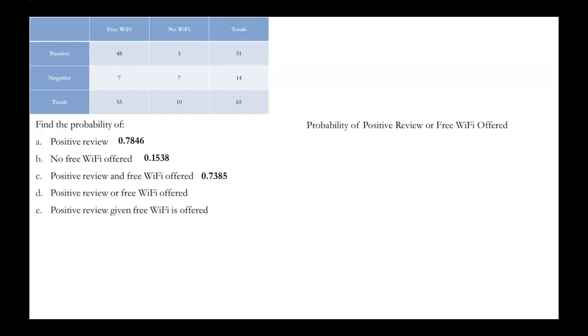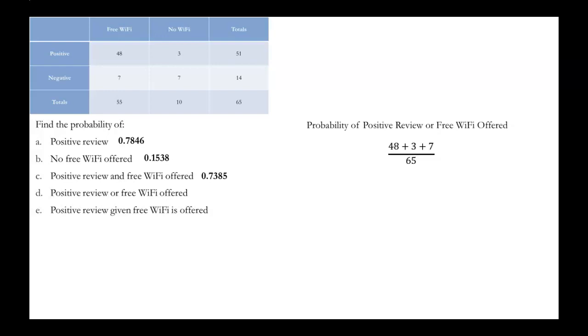What about the probability of a positive review or free Wi-Fi being offered? So we need to think about all of the options here, right? So we just take a look at the positive review. For positive reviews, there could be that 48 or that 3. And then free Wi-Fi, there's the 48 and the 7. Well, we don't want to count the 48 twice, right?